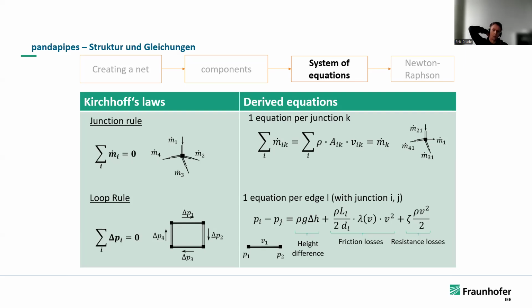In the equations for the edge, we have the height differences, which incorporate the junction heights. Then we have the friction losses, which depend on the diameter and friction parameter of the pipe and on the friction model you choose. And then we have resistance losses, which you can define yourself by this resistance parameter. For example, if you have a pipe with a bend or curve and you know the resistance factors, you can incorporate the pressure loss here.